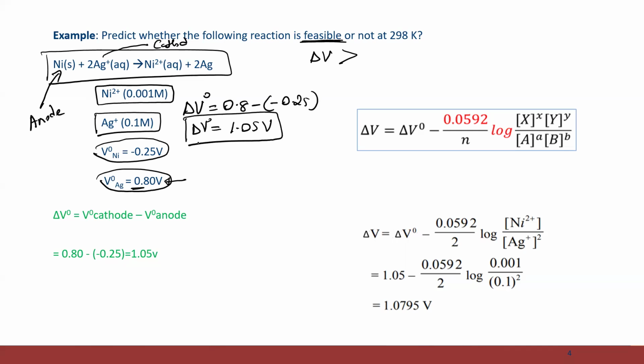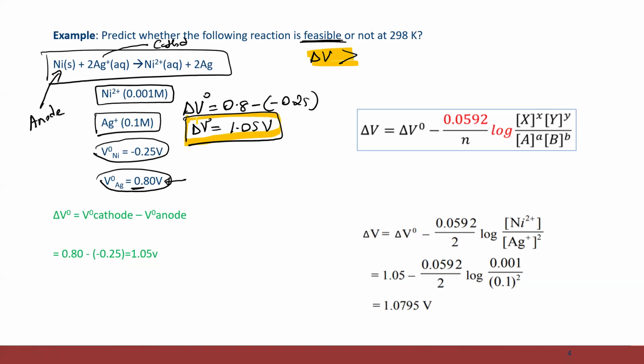So just by looking at this, can we say that this reaction is feasible? Can we, just looking at the delta V naught, can we say it is feasible? I'm asking this because I told you when the delta V is positive, we can say the reaction is feasible. So we found delta V naught.